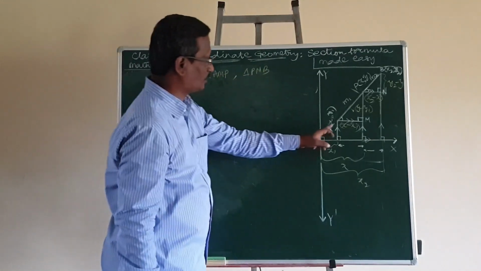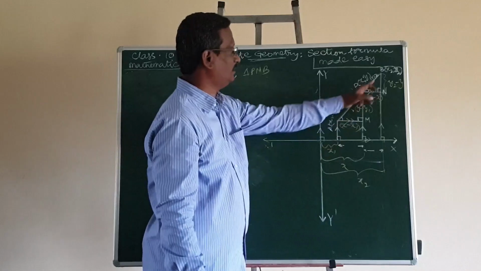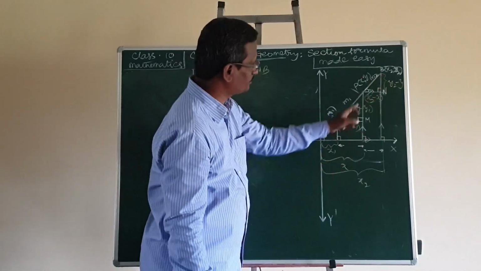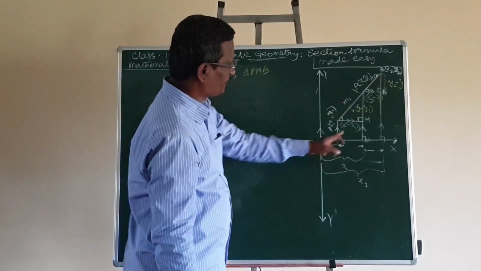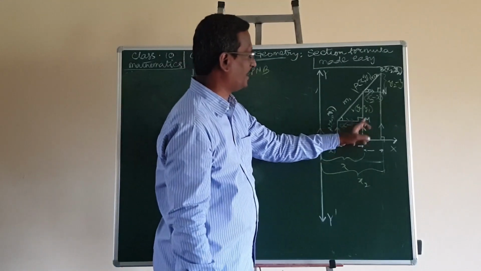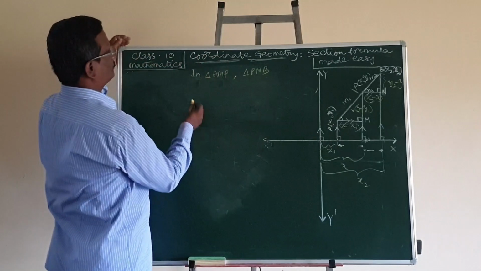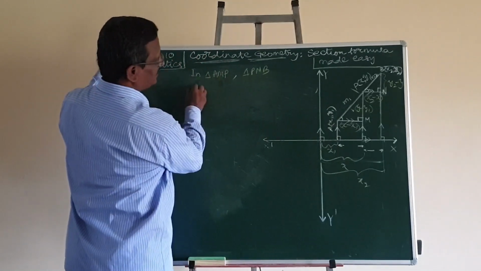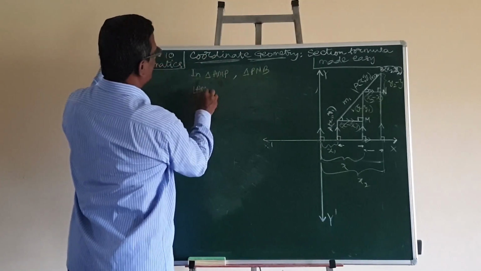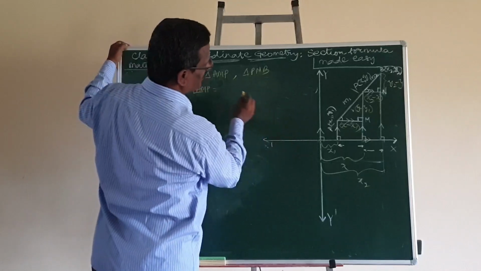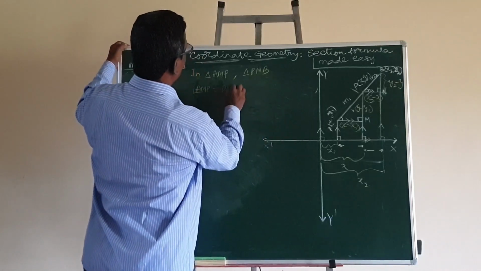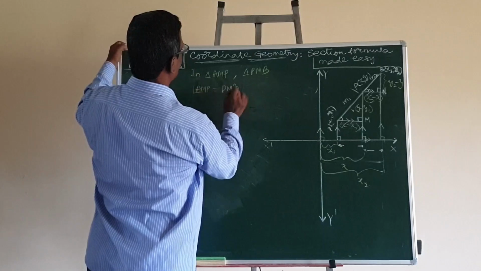We know the coordinates of A (x1, y1), B (x2, y2), and P (x, y). Of course, we don't need the coordinates of M and N. In these two triangles, angle AMP is equal to 90 degrees and angle PNB is also 90 degrees.